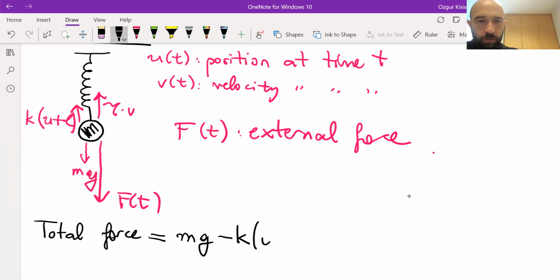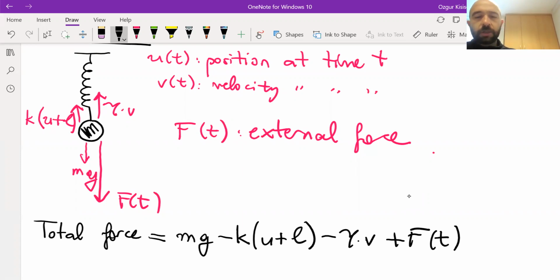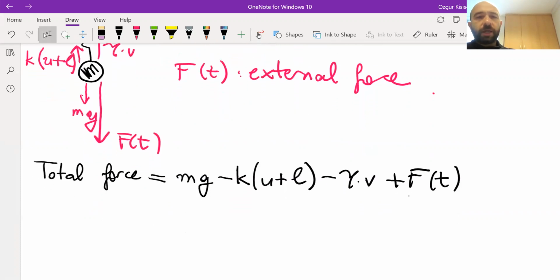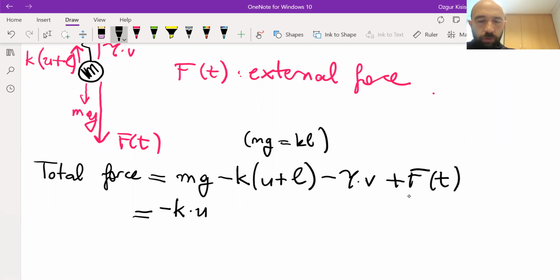So it looks like this, minus gamma times v plus F of t. Now we have mg equals kL. So part of that cancels, and you end up with minus k times u minus gamma times v plus F of t.